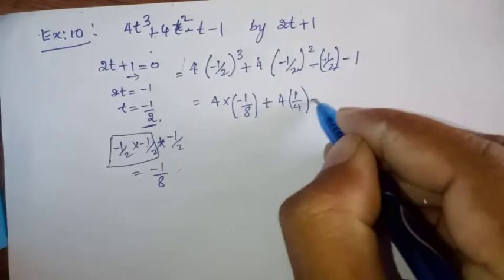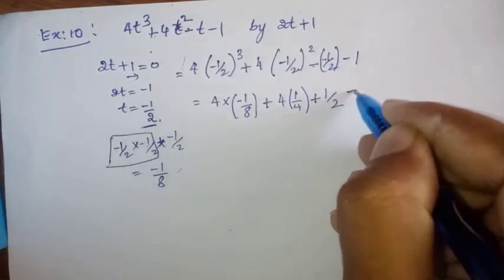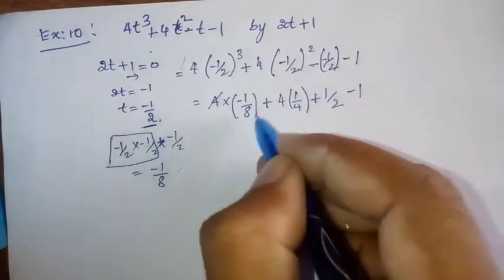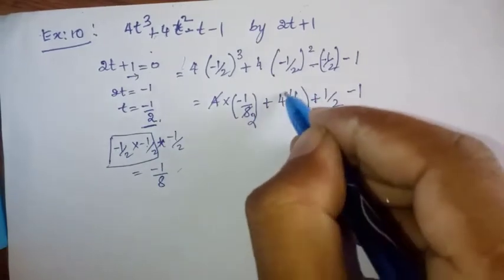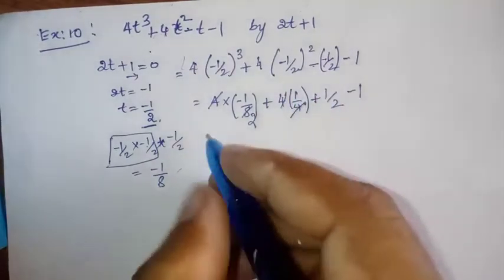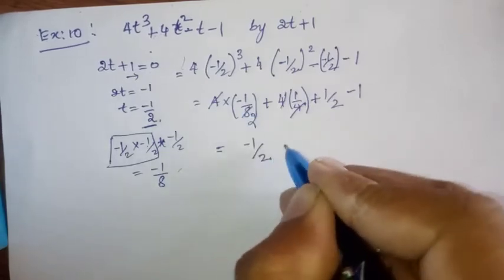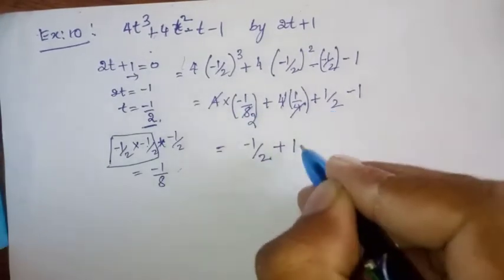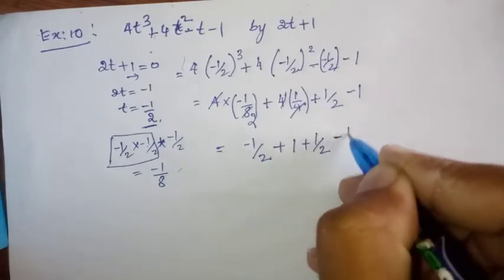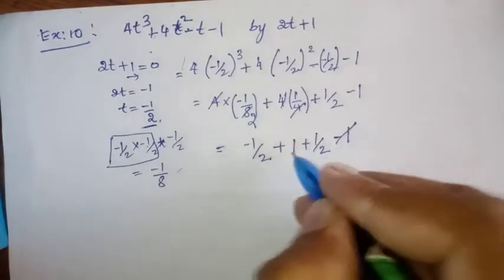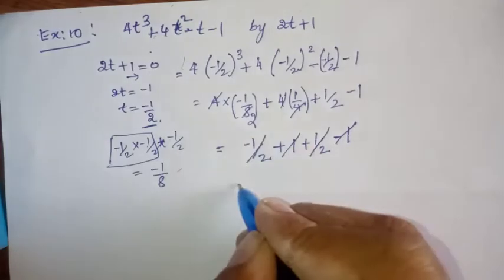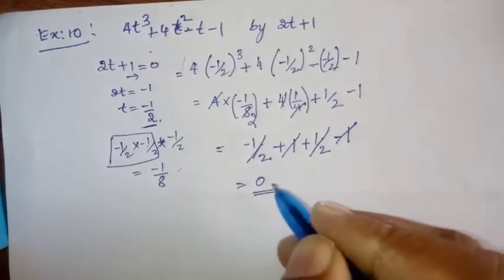Here minus into minus is plus 1 by 2 minus 1. Simplify, the 2s here get cancelled. Here half is remaining. Now simplify, here minus 1 by 2 and plus 1 and this one plus 2 and minus 1. Here minus 1 plus 1 cancel, half cancel, got 0.